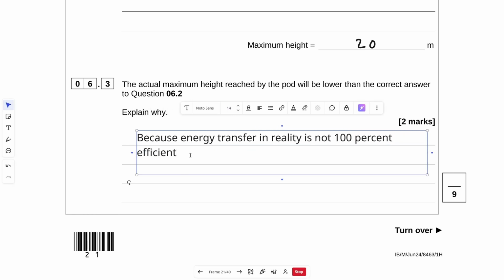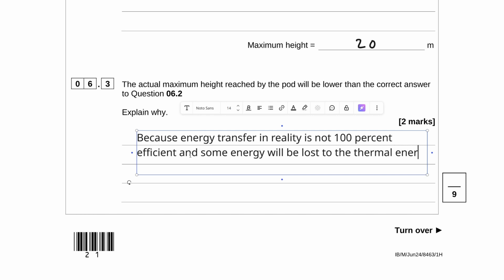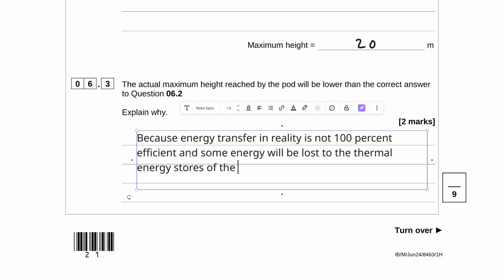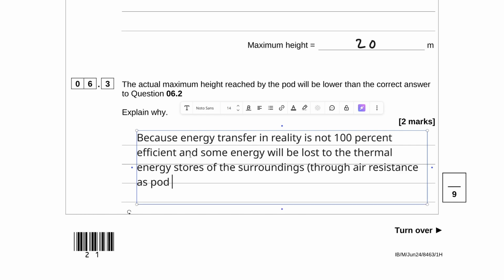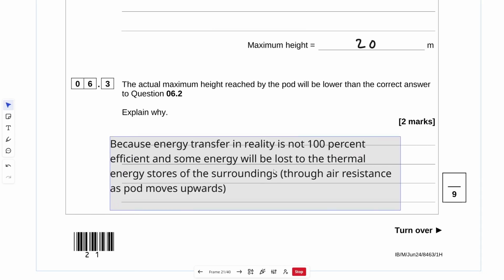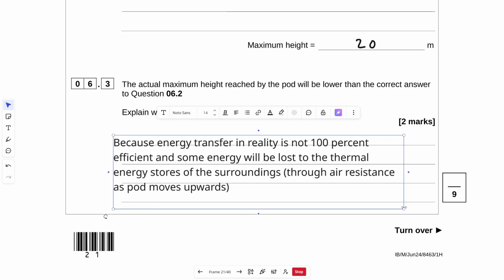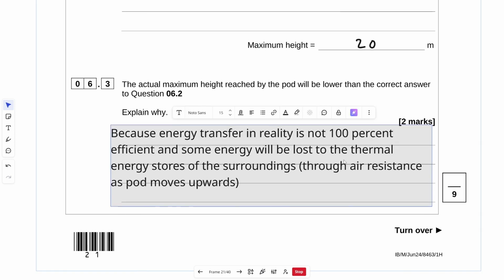Some energy will be lost to the thermal energy stores of the surroundings, and then you can put in brackets through air resistance as the pod moves upwards. So it's just giving a little bit of extra background to secure our answer.